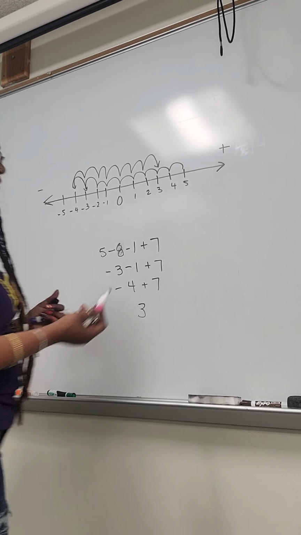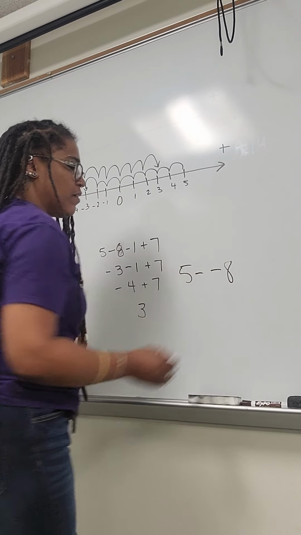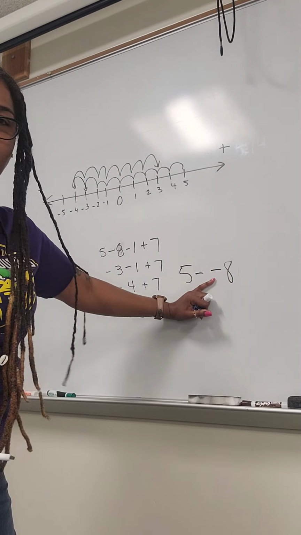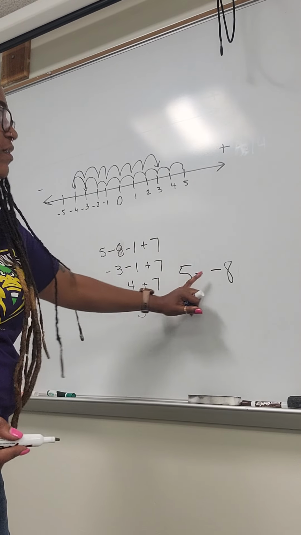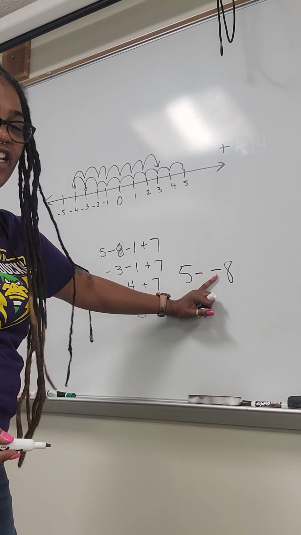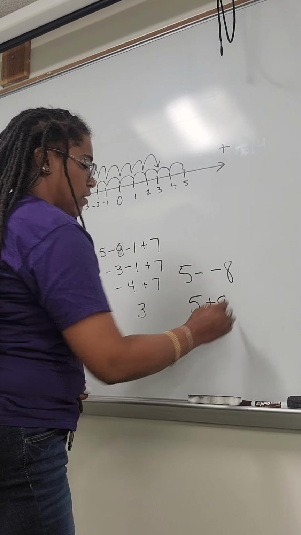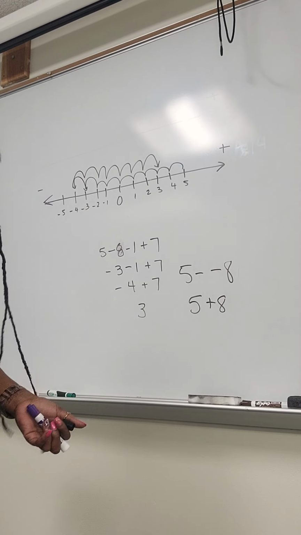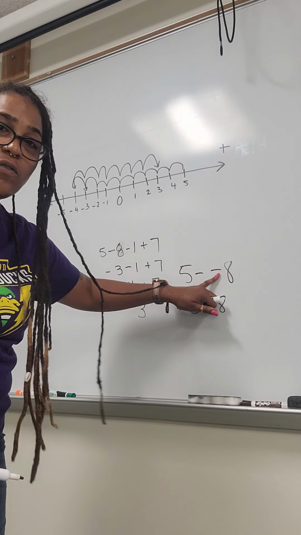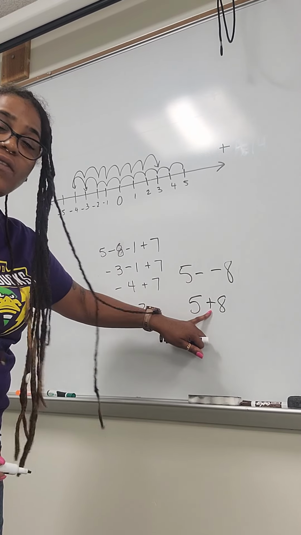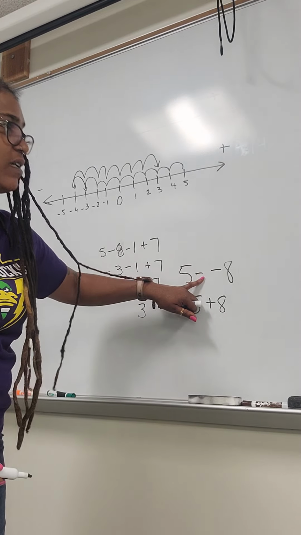The only situation we haven't really talked about is when you have 5 minus -8. Again, you cannot have two signs together, right? You're subtracting a negative value. Subtracting a negative value is the same as adding that value. 5 subtracted a -8.